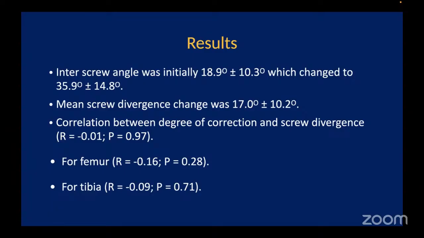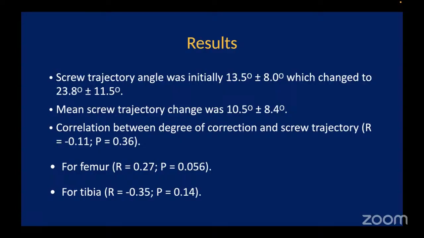For the femur, the correlation was 0.16 with a p-value of 0.28. For the tibia, there was a mild negative correlation of 0.09 with a p-value of 0.71.